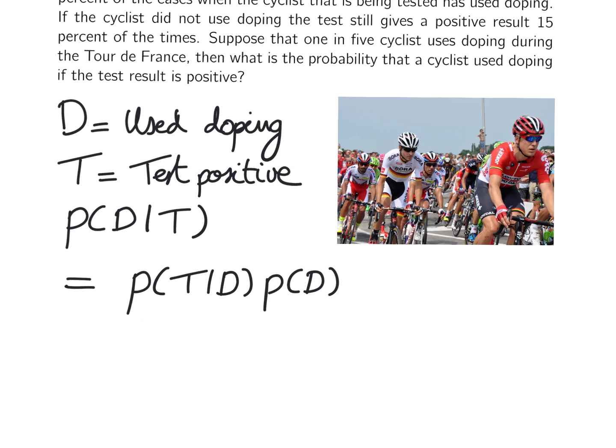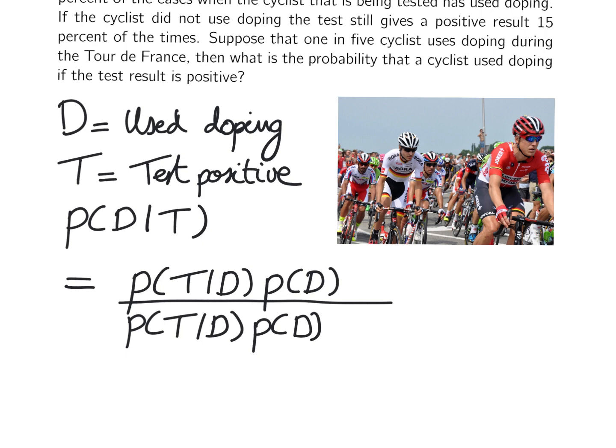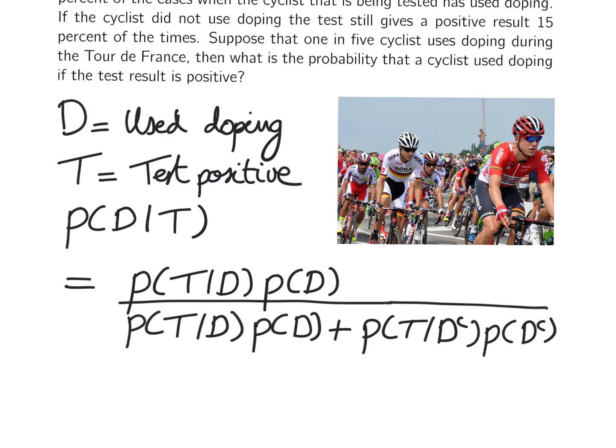Well, that's not everything. Bayes' rule is actually quite a large formula. In the denominator, we get the probability of T given D times the probability of D plus the probability of T given D complement, so that means the cyclist did not use doping, times the probability of D complement. So this is Bayes' rule.